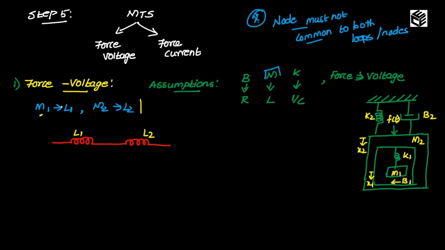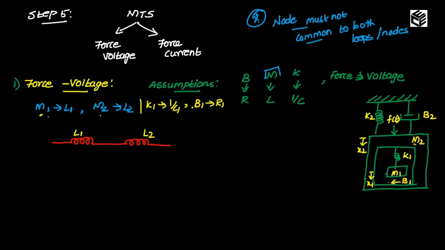Now let's check the next step. Is there any common element between M1 and M2? Yes, of course we have. To the nodes M1 and M2, we have two common elements K1 and B1. So K1 is replaced as 1 by C1 and B1 is replaced as R1.